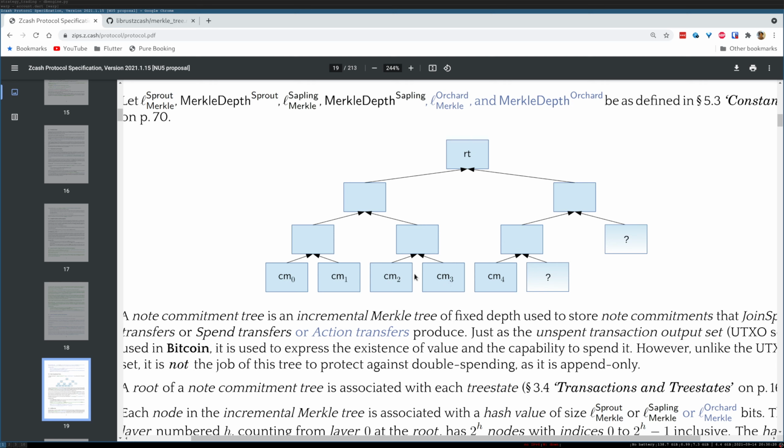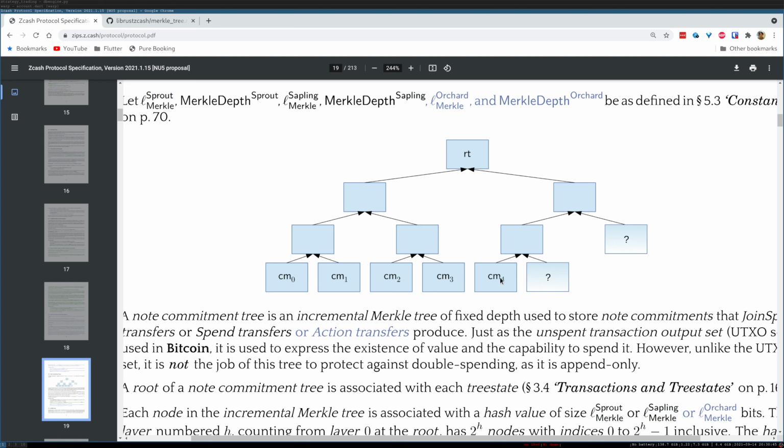But now the parent of the combination of CM2 and CM3 is this guy, right? And this guy is also hashed together with the previous parent to provide this guy here. So now our tree has gained one more level, right? So what do we have?